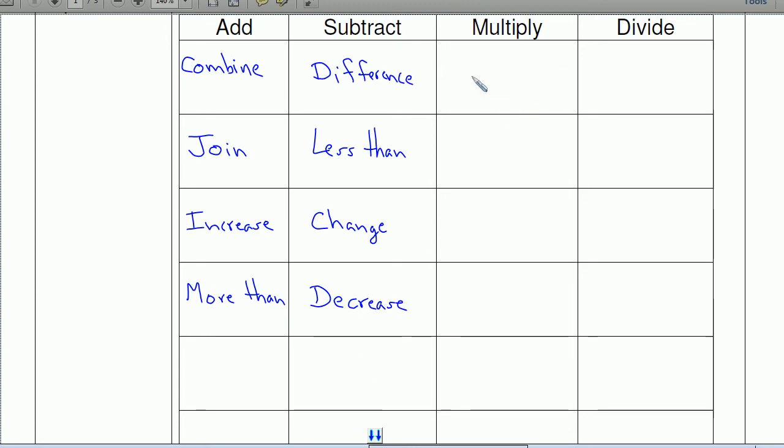Multiply, let's see, how about the word double? That means multiply times 2, right? How about the word triple? That means multiply times 3. Or how about the word each?